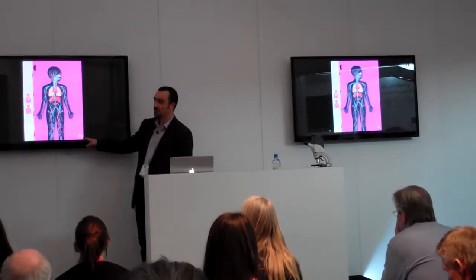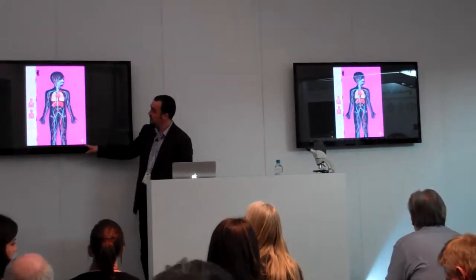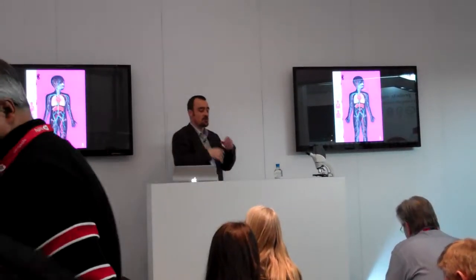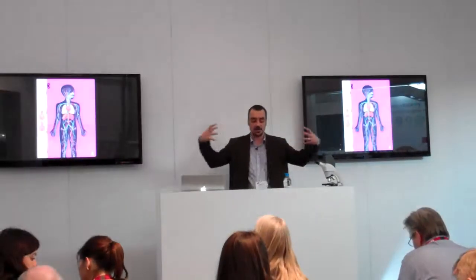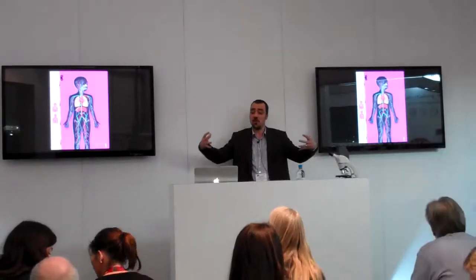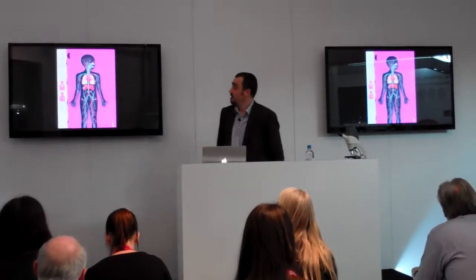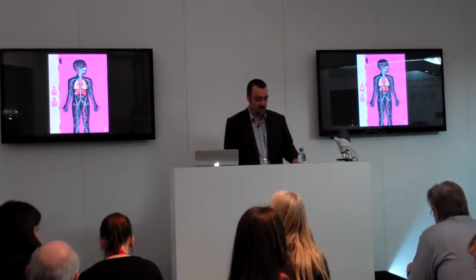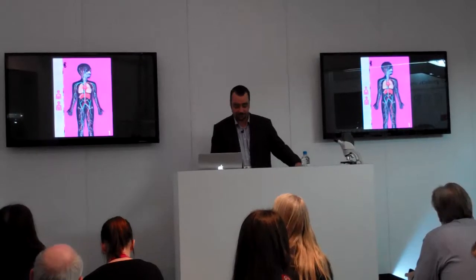Just by moving the little feet down in the bottom corner, you can see my heart's beating a lot faster, blood's pumping a lot more quickly, and my lungs are filling up with a lot more oxygen. So that's a really lovely app. There's a lot more detail in there than I have time to show you today.